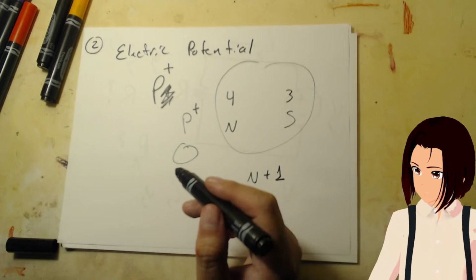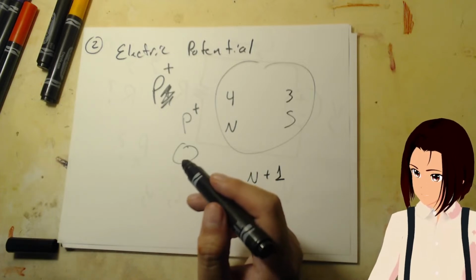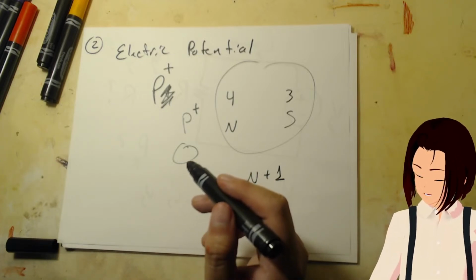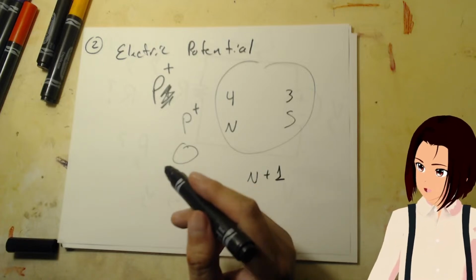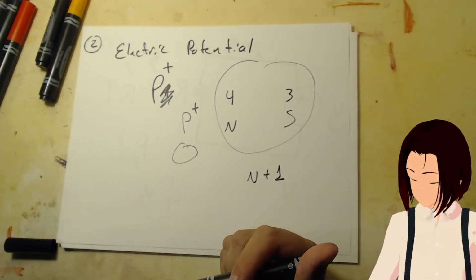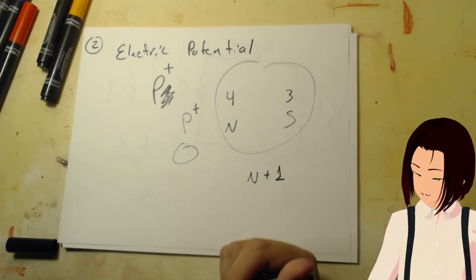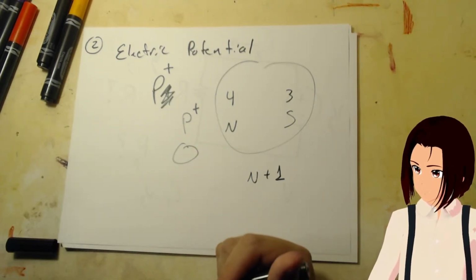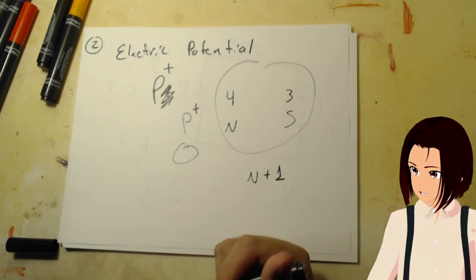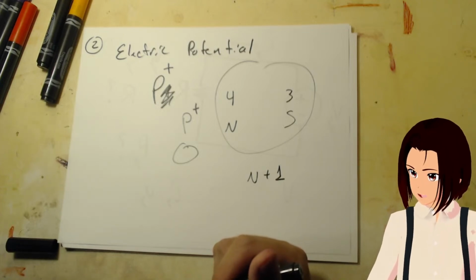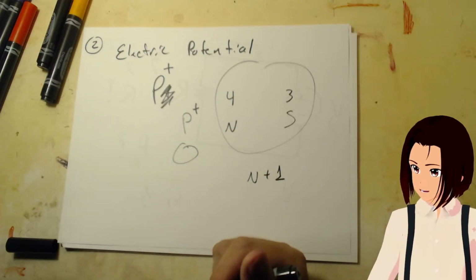And if we rub amber with a silk cloth or maybe rubber, we would have the opposite charge. A guy named Benjamin Franklin decided to call one of those the positive charge, and I think that was the glass one. So the glass one, the lack of electrons, we're going to call positive.